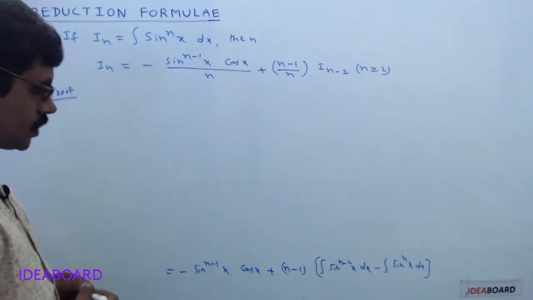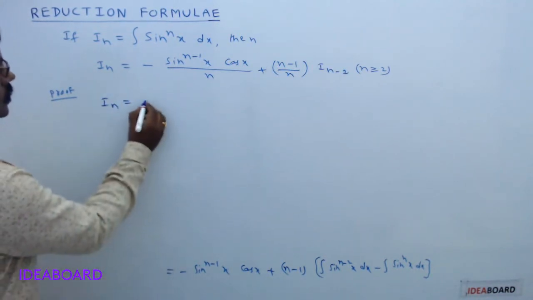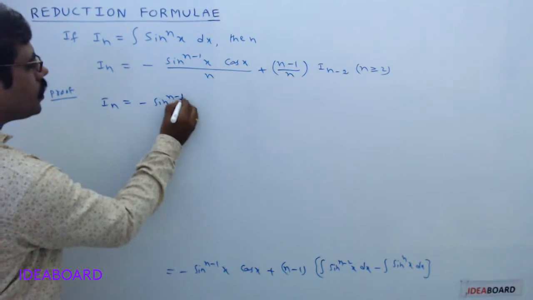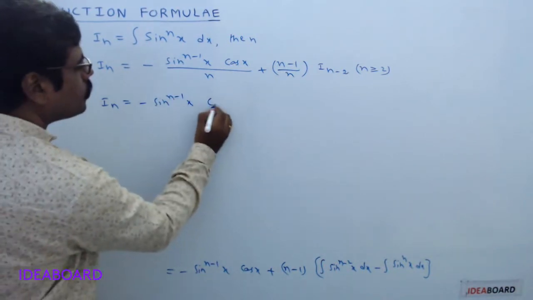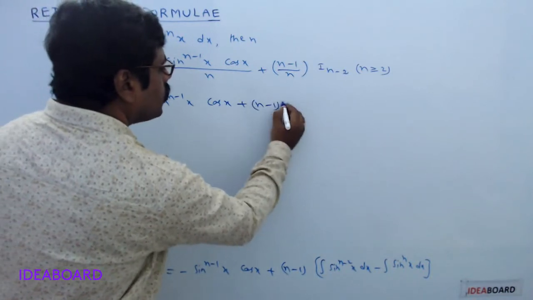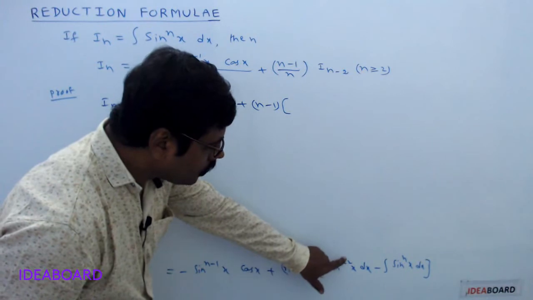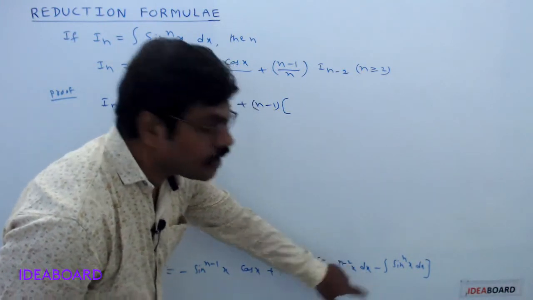Now see the simplification. I_n equals minus sin^(n-1)x cos x plus (n-1) times the integral of sin^(n-2)x dx.